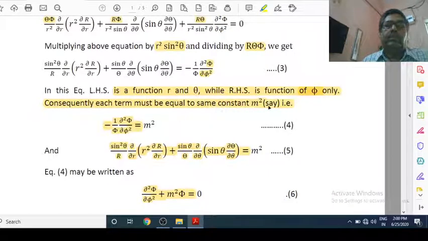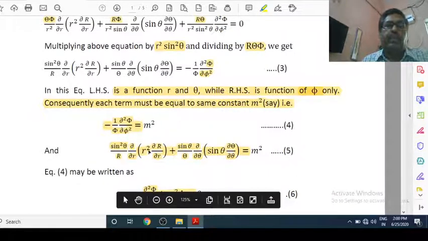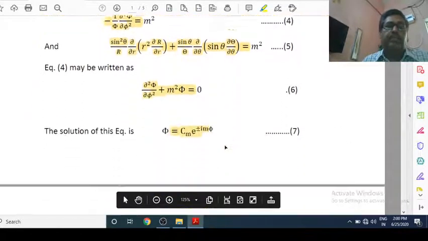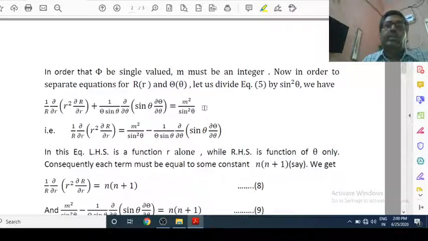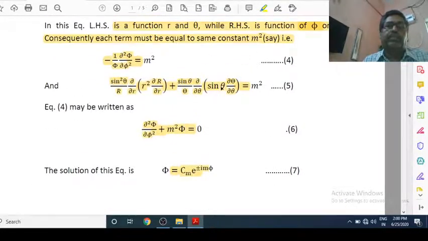Now we return to the equation in theta. See here, this is r square and this is theta. So if we change the side of the second term, it will be here, and sine square theta, actually we divide by sine square theta. Why? You can see equation 5.